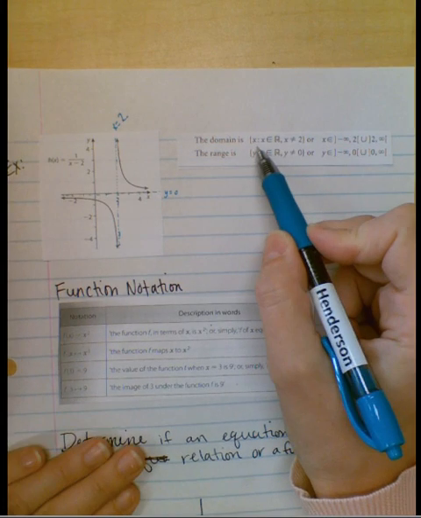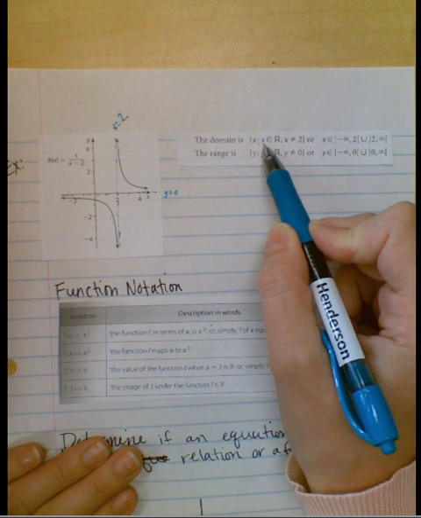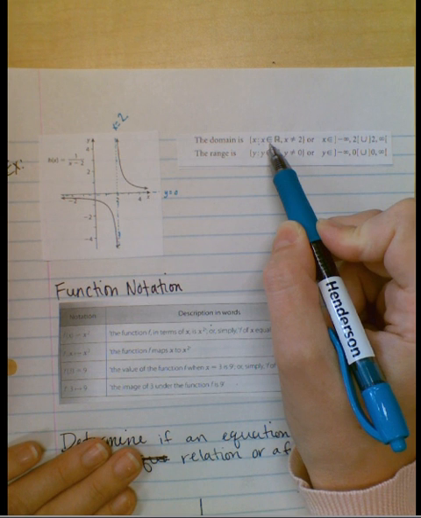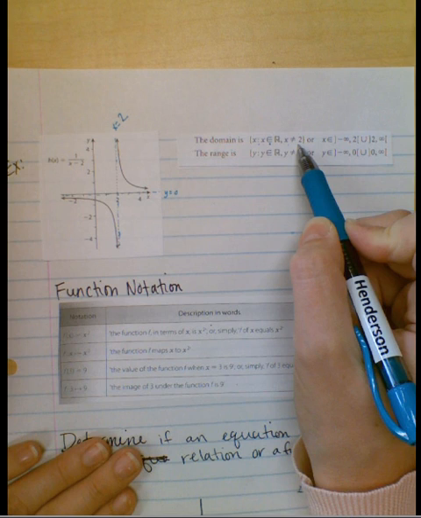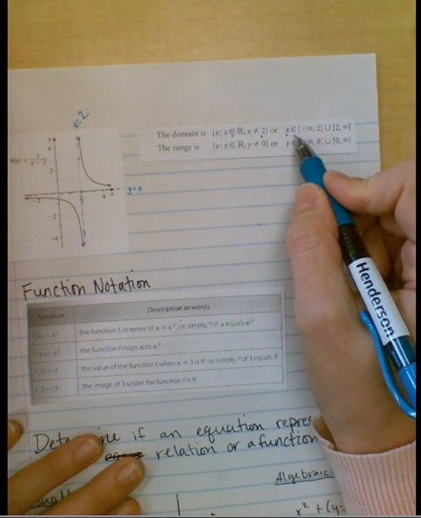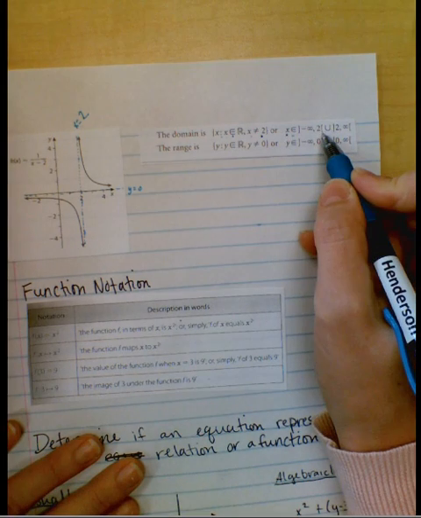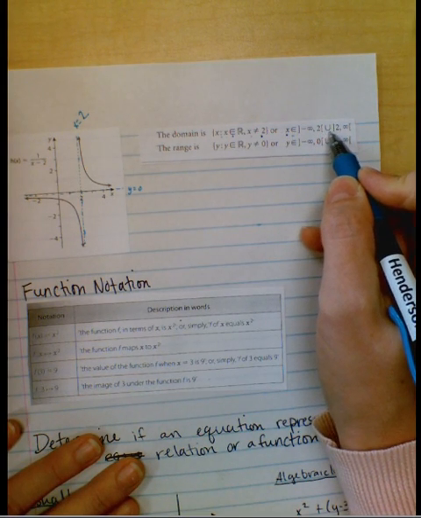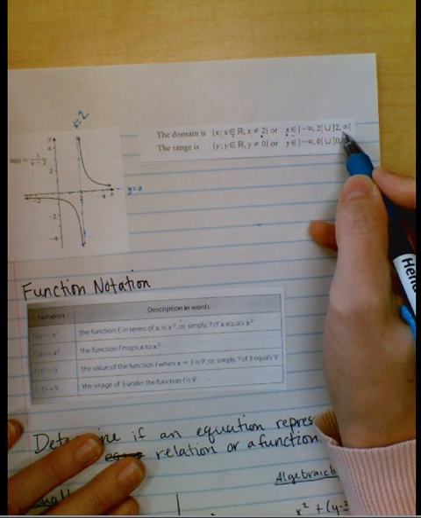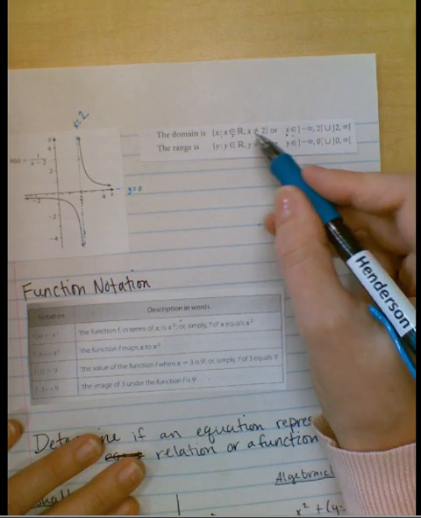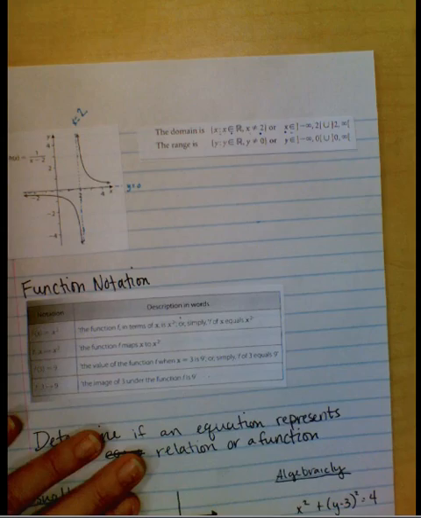So you can say it this way, x such that x is an element of the real number system, but x cannot equal 2. So that's one way we could do it. The other way we could do it is to say that x is an element from negative infinity, not included, up to 2, not included, with a union of the set 2 not included up to positive infinity. So these both are telling you the same thing, that x can be anything except for 2.